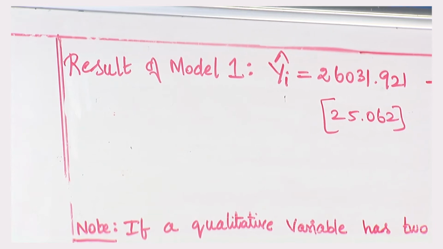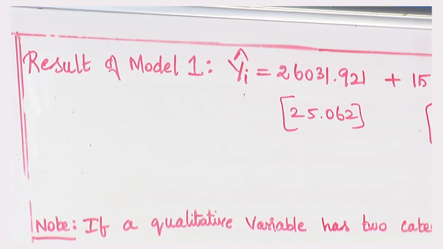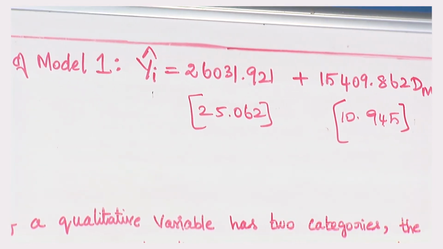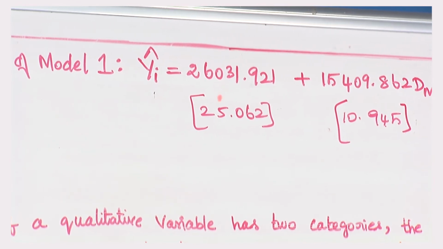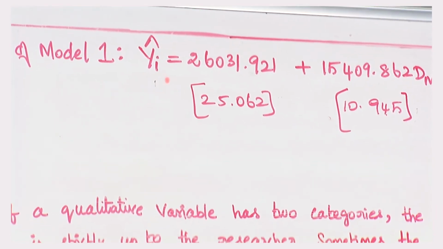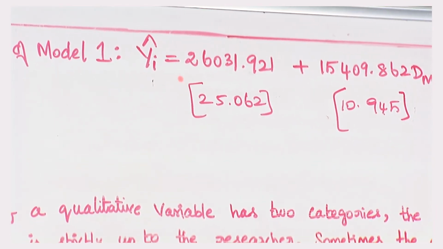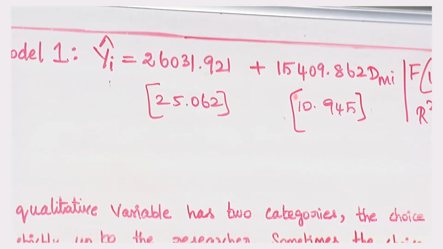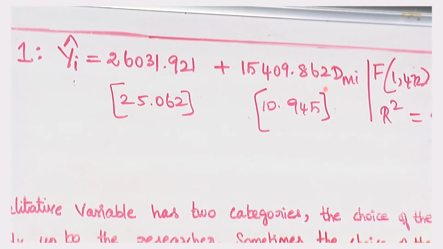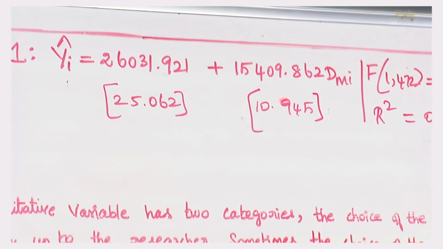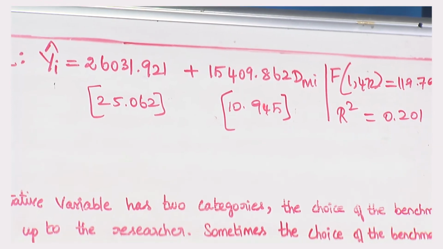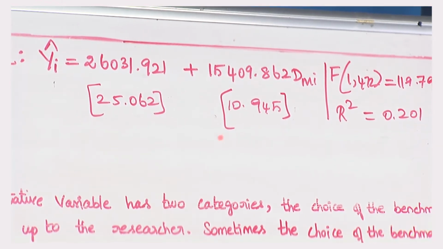Let us discuss the result of model 1, that is model with one dummy variable and the intercept included. So, here in this case yi hat is equal to 26,031.921 plus 15,409.862 DMi, and the t values of the respective coefficients are given below in the square bracket.